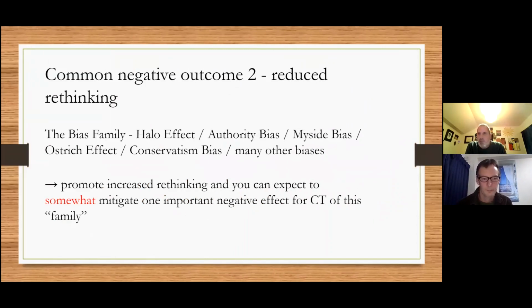And the biases that really attack this are the halo effect, authority bias, my side bias, the ostrich effect, and there's many others. So you can see how the halo effect, if somebody comes in the room who is very charismatic, very attractive, we don't even think about really what they say. We're just like, yeah, okay, I agree with them. So there's no rethinking going on there, or at least less of it. Right. So we need to promote an increased rethinking and mitigate at least this group of biases.